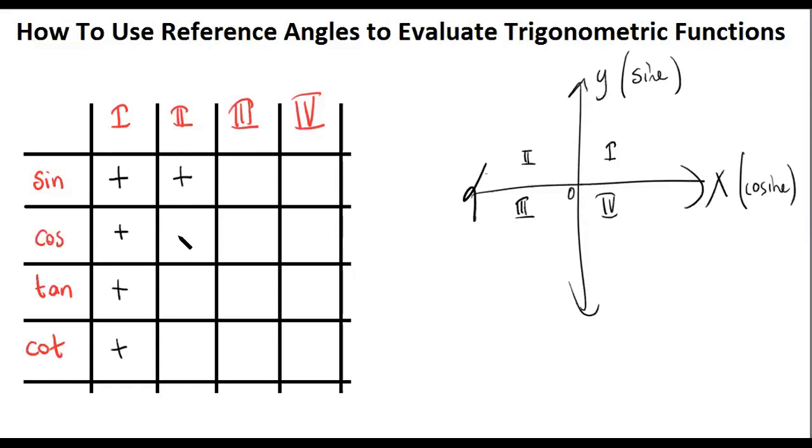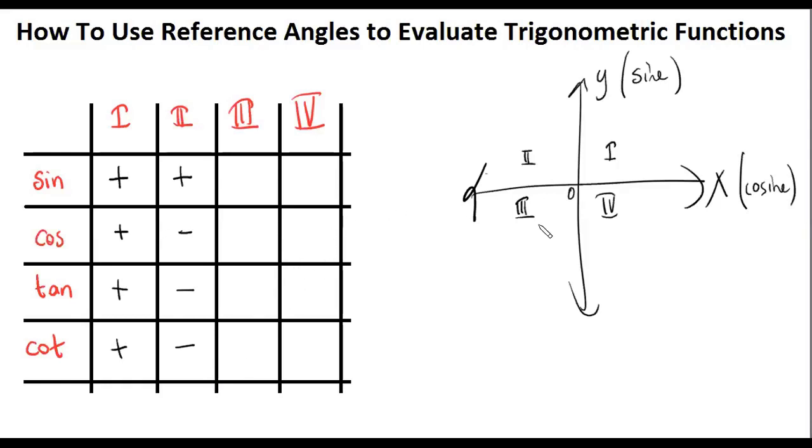And how about cosine? In the second quadrant, cosine is negative. Thank you. Tangent? Positive over negative is going to be negative. In the second quadrant, tangent is negative, and cotangent is the same as tangent, so cotangent is also negative in the second quadrant.